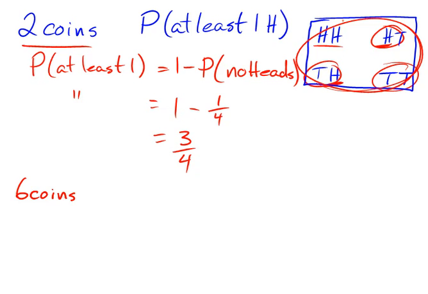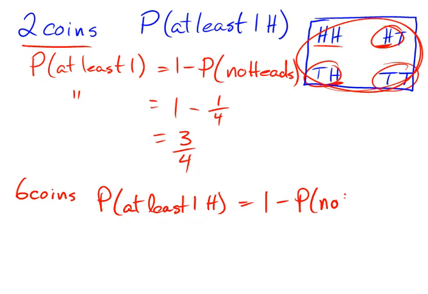Well, I don't want to list them all, but if I want to find the probability of at least 1 head, again, that's going to equal 1 minus the probability of no heads. No heads only happens one way, if it's all tails.